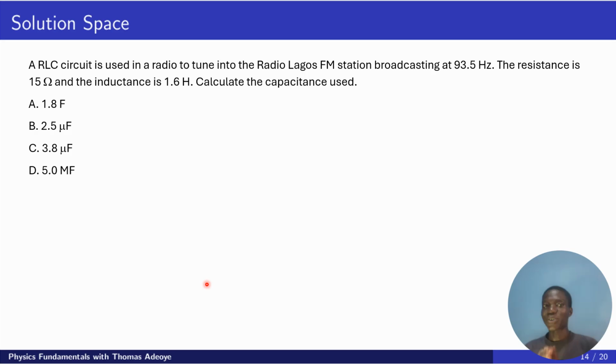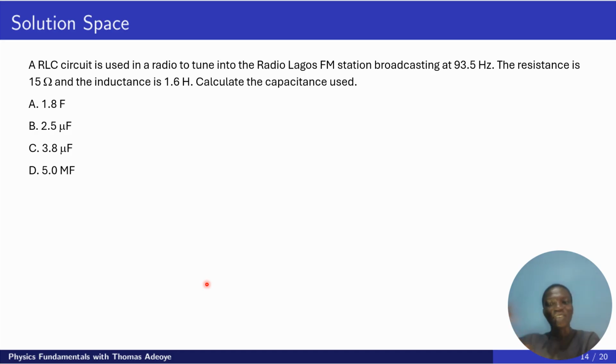Are you with me? Resonance, and that's the idea of this calculation, because at resonant frequency, if you tune your radio at home, once you get to the point where you feel like, oh, stop there, that's when the thing becomes audible.